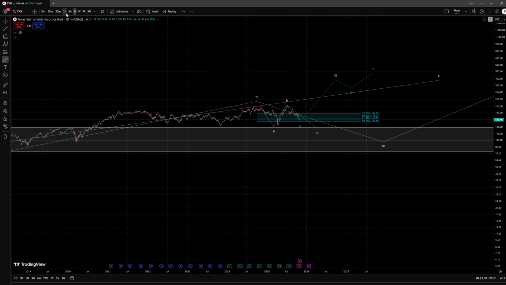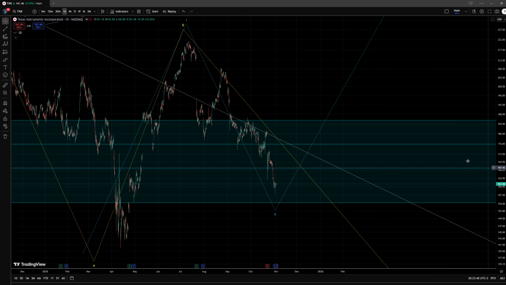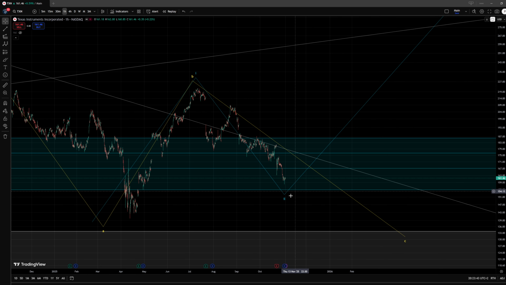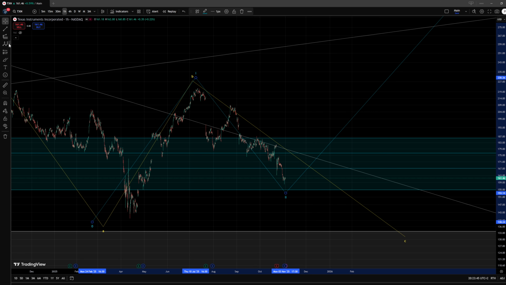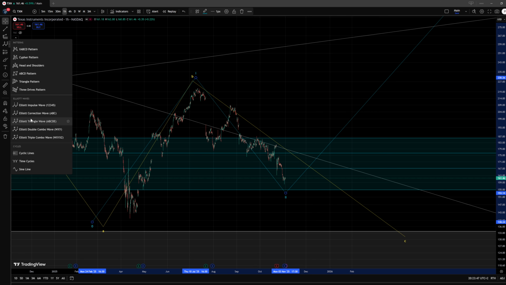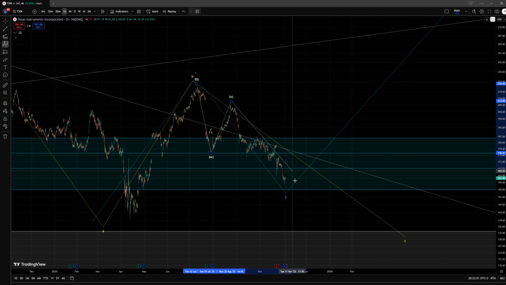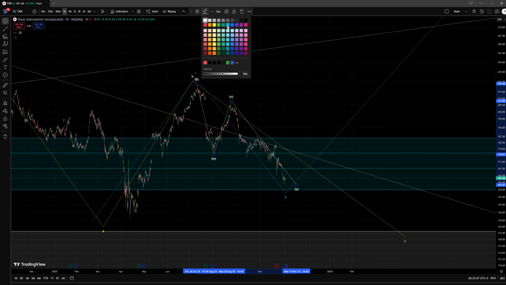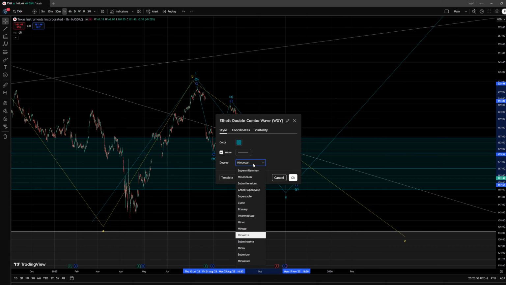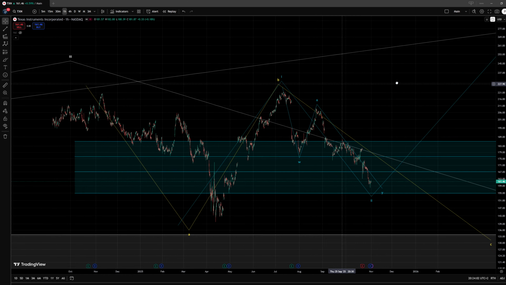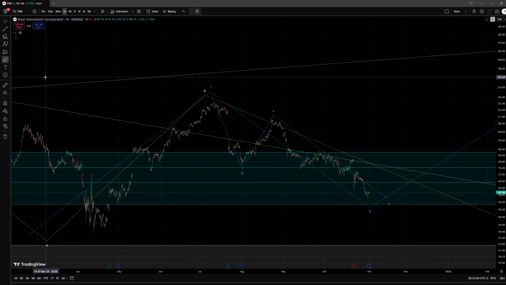For now, we can look here at the shorter time frame, where in this correction, if it really is a wave 2, I would be expecting this to develop as something like a WXY. I do have a bit of an issue with this interpretation because in the wave W, I cannot really count this movement to the downside other than as a 5-wave structure.